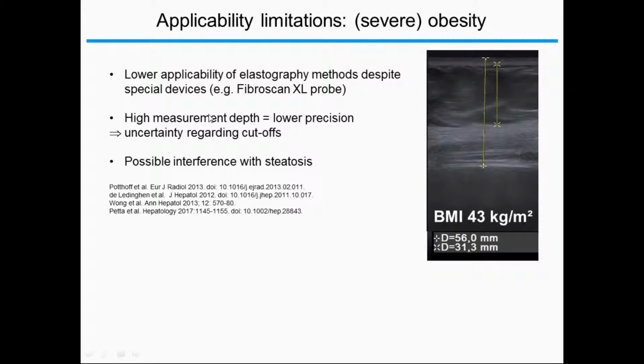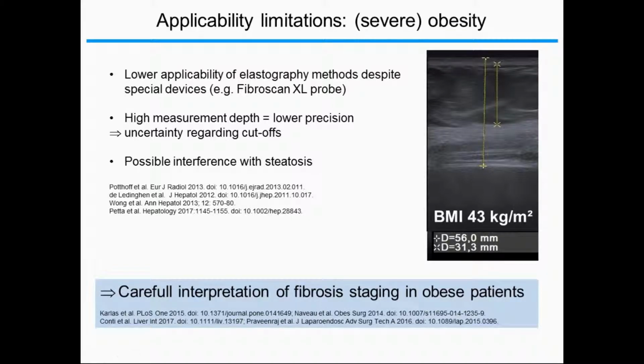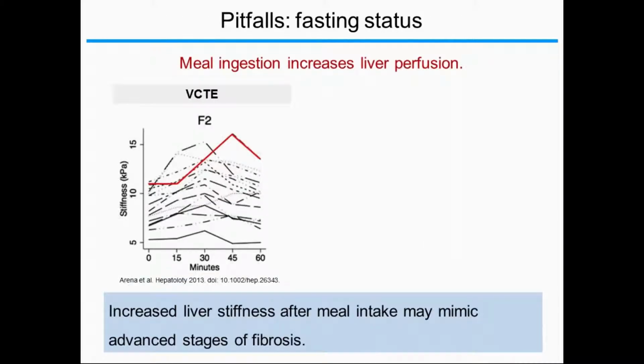And the higher the measurement depth, the lower the precision, and there is still some uncertainty regarding the cutoff values in obese NAFLD patient cohorts. And also we need to take into account that there might be interference with steatosis, and so the recommendation is that careful interpretation of fibrosis staging is necessary in obese patient cohorts.